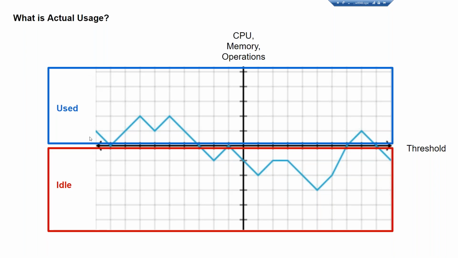Meaning that if it finds that the CPU, memory, and I/O operations per second for that application go over a certain threshold, then it's currently being used. Either the user is using it or some simulation is using it, it's being used. But if it drops below that, then OpenLM knows that currently it's idling and it's counting how long it is idling for.